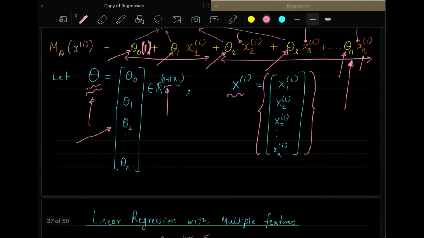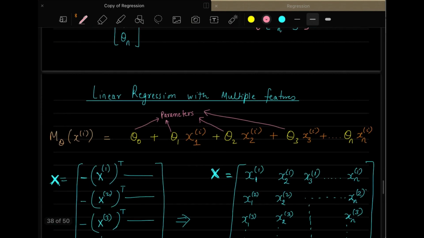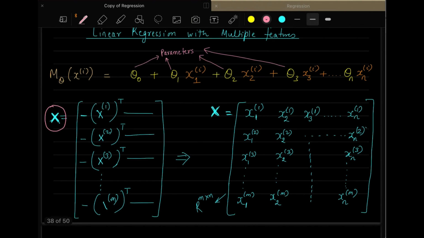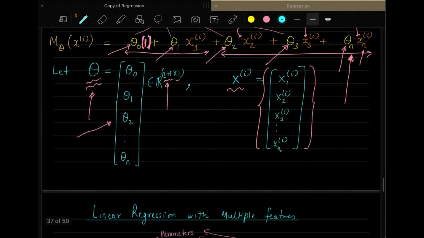So once you have this, you take bold X, this bold X which we were already defining, and each of these will be transposed. Each of these X that we have defined here, the dimension of this is n cross 1.